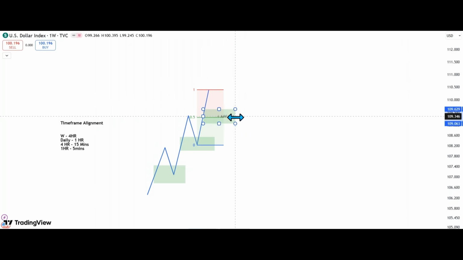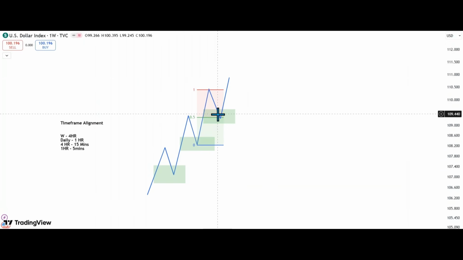So let's say we have a daily fair value gap here. You want to see during the week, price retrace. It can even take 2 days. You can have a situation where Monday is bearish, then Tuesday we tag our daily PD array. Then now we expect expansion on Wednesday, Thursday, and sometimes Friday, and we finally close the week after making the higher high.